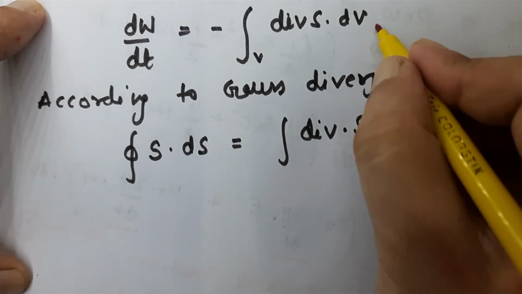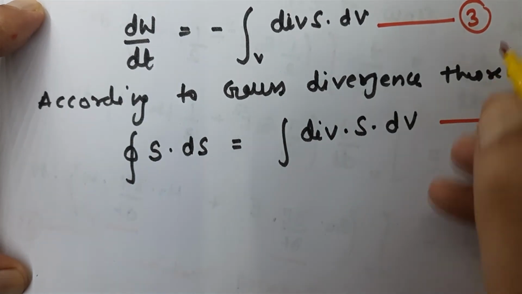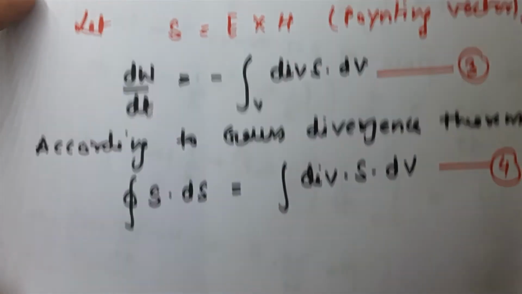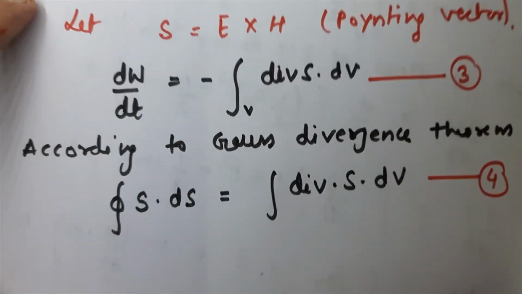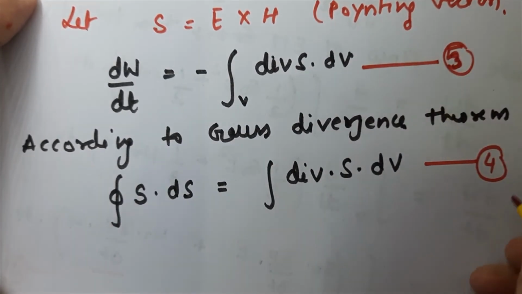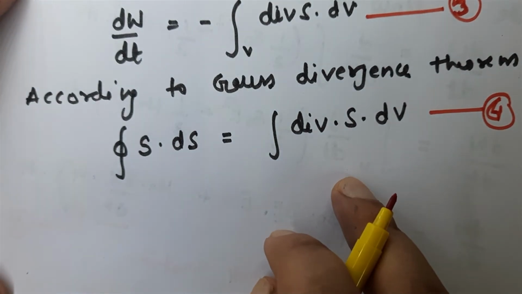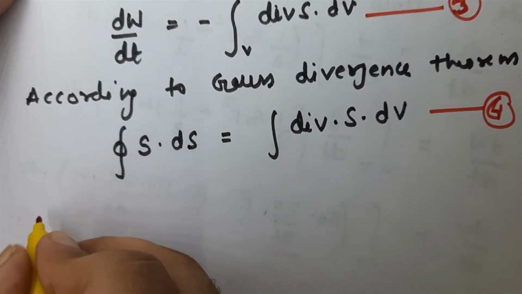As the right hand side of these equations are the same, I should call them 5 and 6, as I have already taken equations 3 and 4. So these are equation 5 and 6. The right hand side of equations 5 and 6 are the same, so I can equate the left hand side.